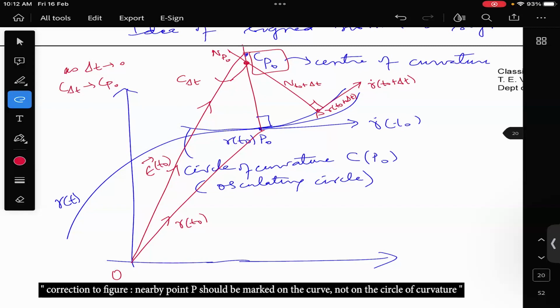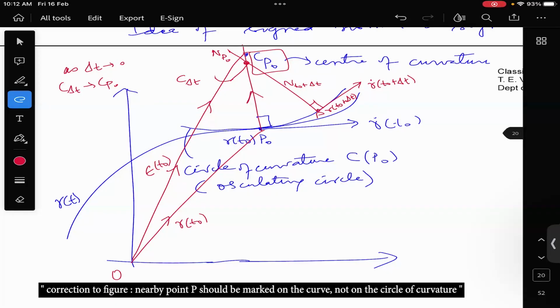And I told you the locus of the center of curvature is called the evolute of the curve, and that's why I use epsilon for this vector. And by vector addition, this epsilon t naught vector is gamma t naught vector plus this. You see this normal vector here, normal to the curve.